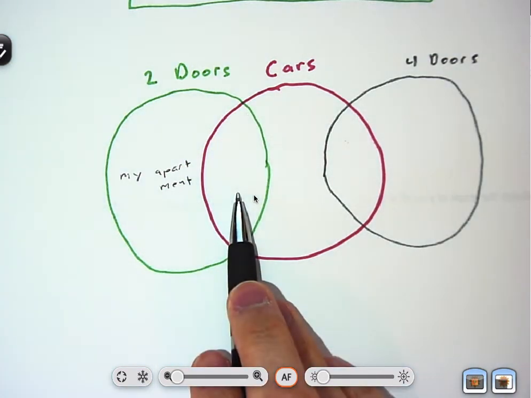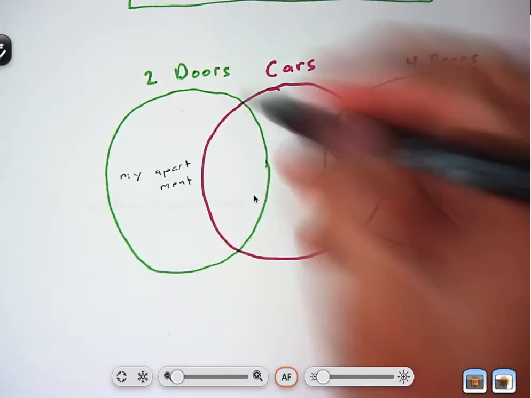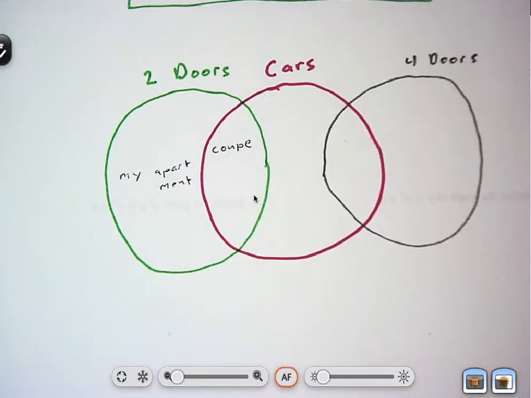Here is things that have 2 doors and are a car. There's actually a word for this. This is called a coupe, a type of car. If you see a car with only 2 doors, it is a coupe.